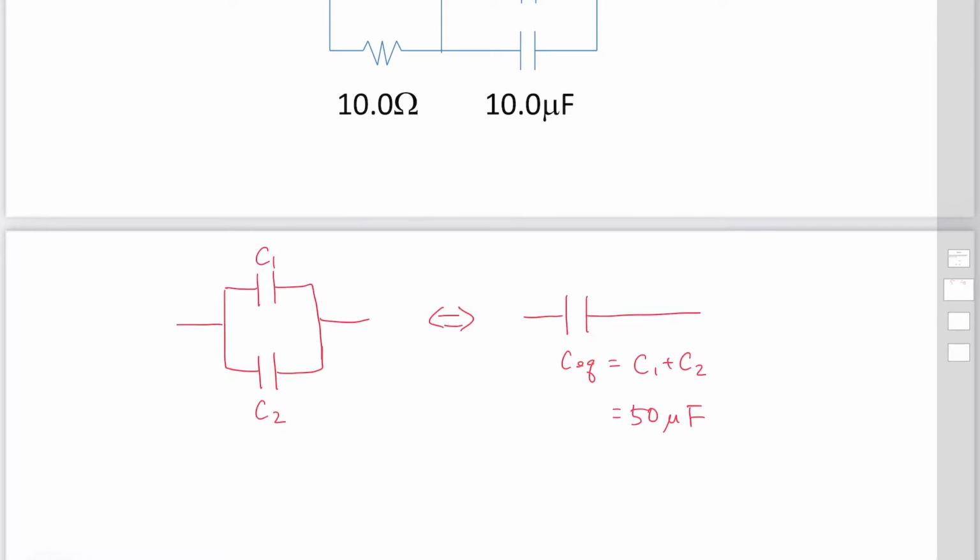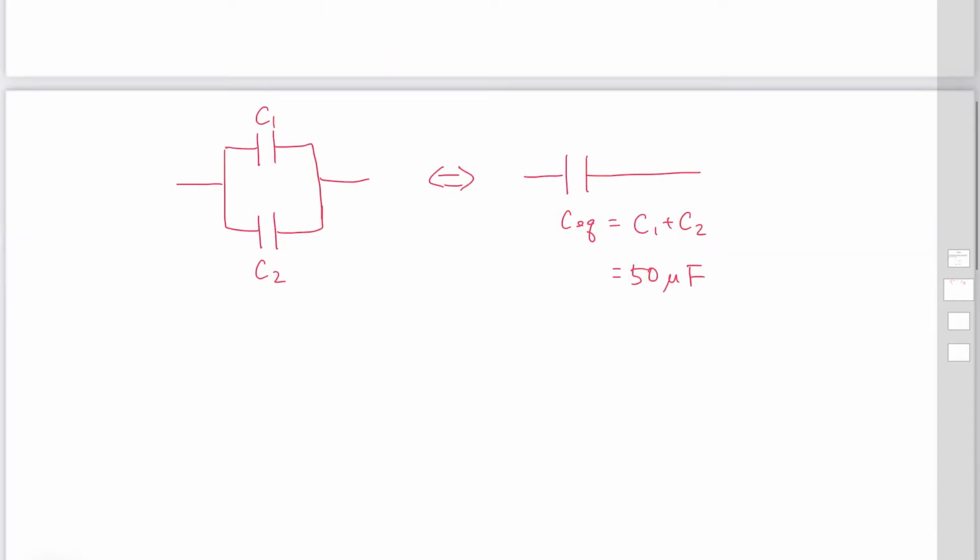Then we'd like to find the stored charge in the capacitor. This is C equivalent and the voltage V sub 0. So positive charge is stored, negative charge is stored. The stored charge Q sub 0 can be calculated as C eq times V sub 0.